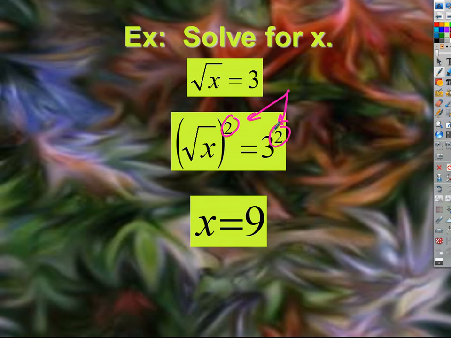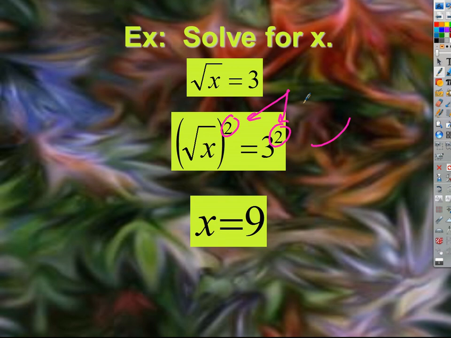So they're solutions that seem to work, but they don't. So the moral of the story is, whenever you take both sides of an equation to some integer power, if I square both sides, or cube both sides, or take both sides to the fourth, etc., I always have to go back and check my answers in one of the steps before I did that. So I have to go back prior to this step and see if it works.